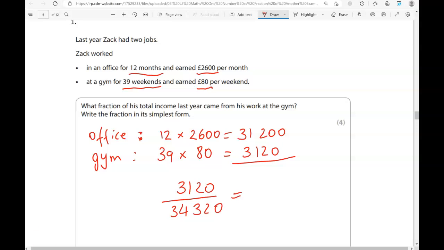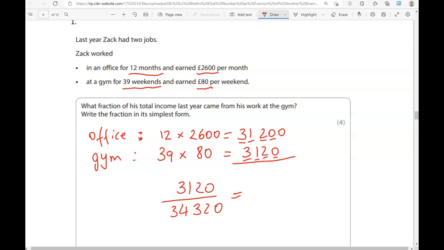You have probably noticed something here in terms of the digits. The total for office was 31,200. Total for gym, 3,120. So one 0 less for the gym, which tells us that the amount earned from the gym is 10 times smaller than from the office job.